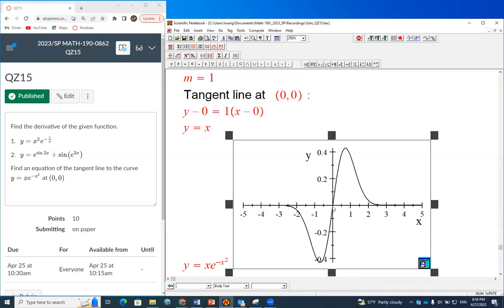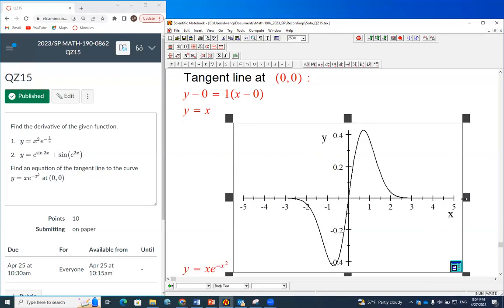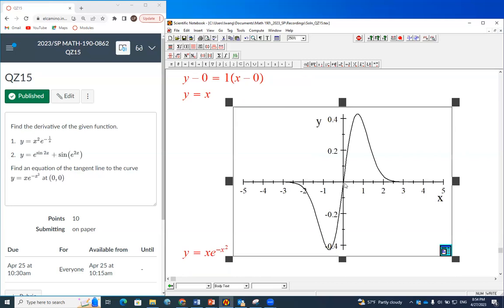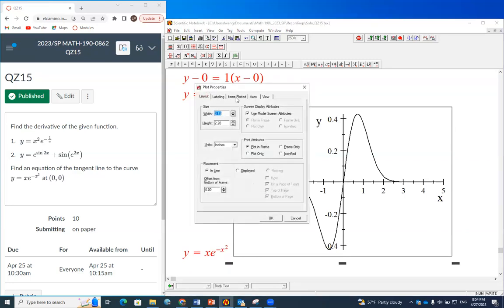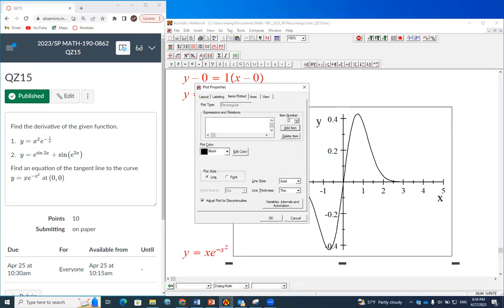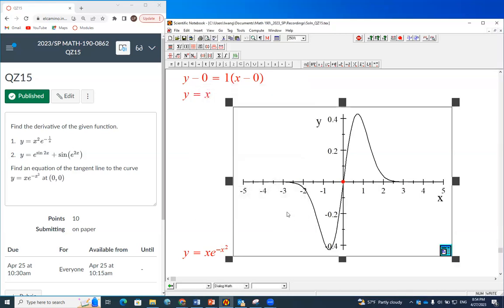Add 0, 0. Where's 0, 0? Right, it's the point right here, 0, 0. So I'm going to put a dot right there. 0, 0. Make it a red dot.